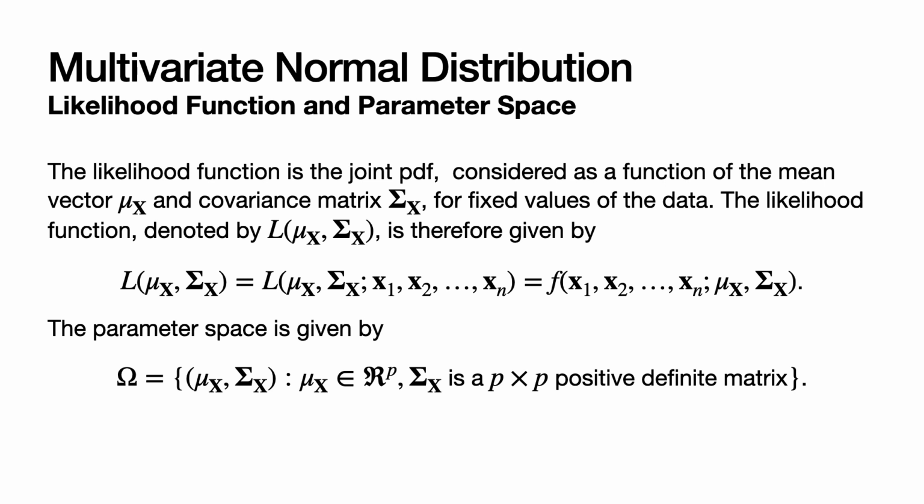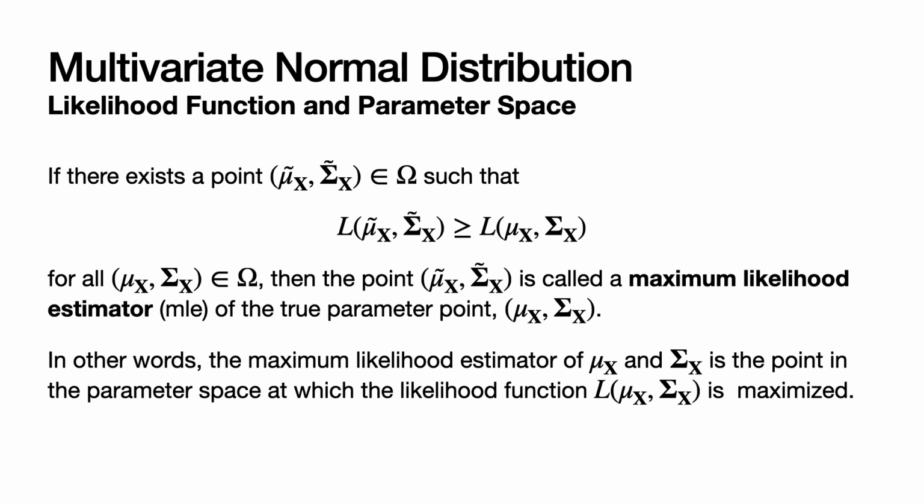And so the first entry, mu sub x, can range throughout all of p-dimensional Euclidean space. The second entry, capital sigma sub x, has got to be a p by p positive definite matrix. And so the set of all such ordered pairs that satisfy those two requirements constitutes the parameter space for the multivariate normal distribution of dimension p.